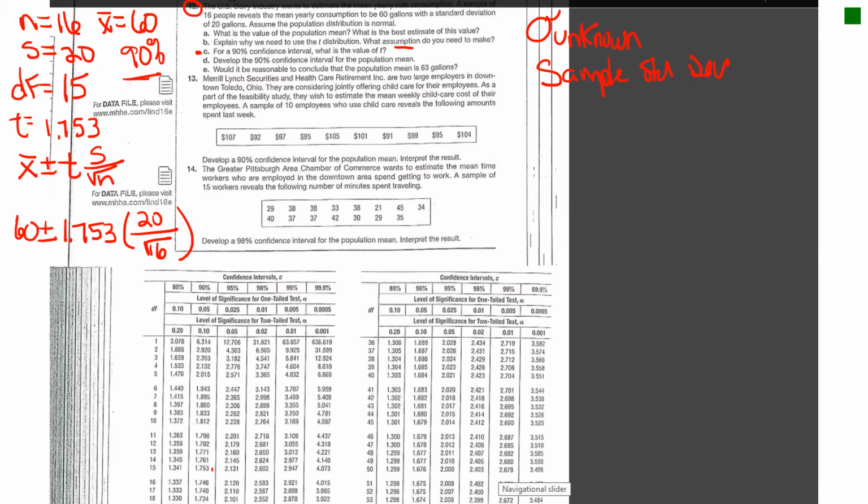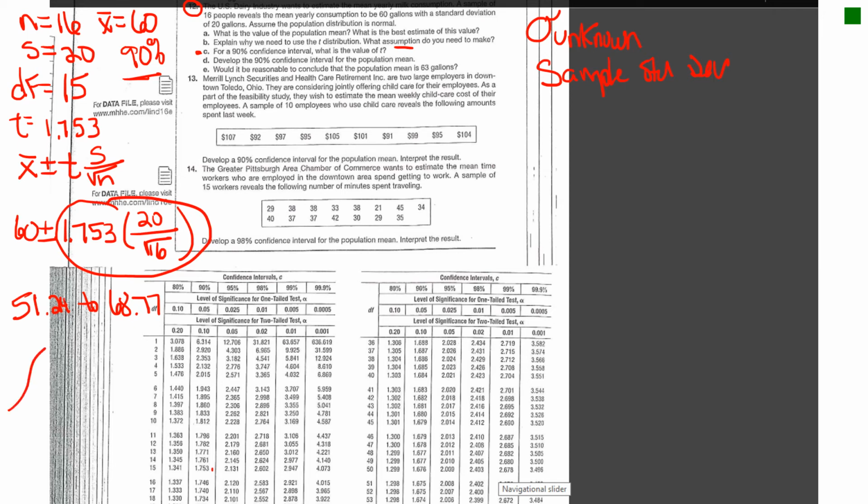Once you plug all that in, remember this part represents your margin of error. Then you add or subtract that from 60, and you're going to wind up with an interval from about 51.24 all the way up to about 68.77, rounding it off.